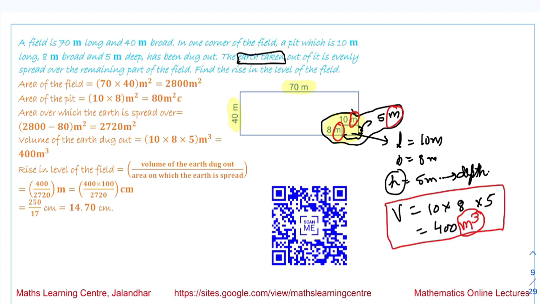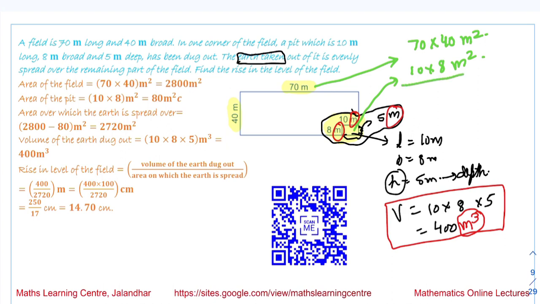So this much amount of mud is taken out of this pit. Now this much mud is to be spread on the remaining field. So first of all we have to find the area of the remaining field. The area of the whole field is 70 into 40 meter square. The area of this pit is 10 into 8 meter square.